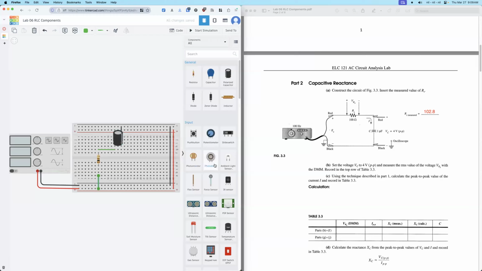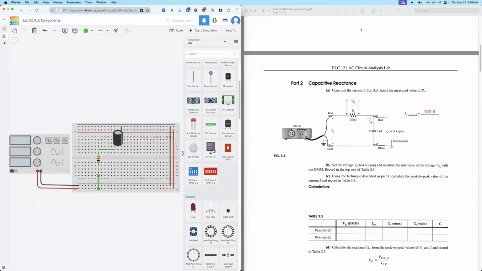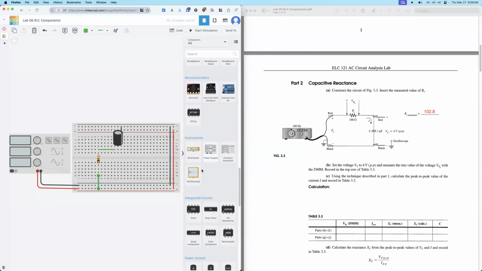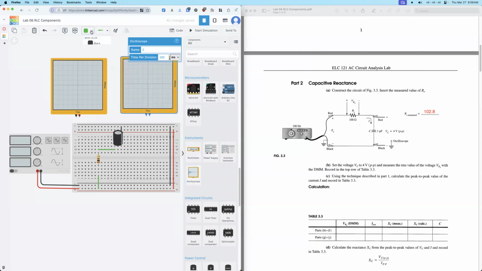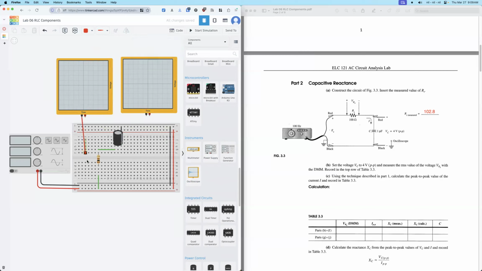Then the last part, just like the last slide, we need two oscilloscopes. Change it to red first. One oscilloscope measures the voltage across the resistor, the 100 ohm.